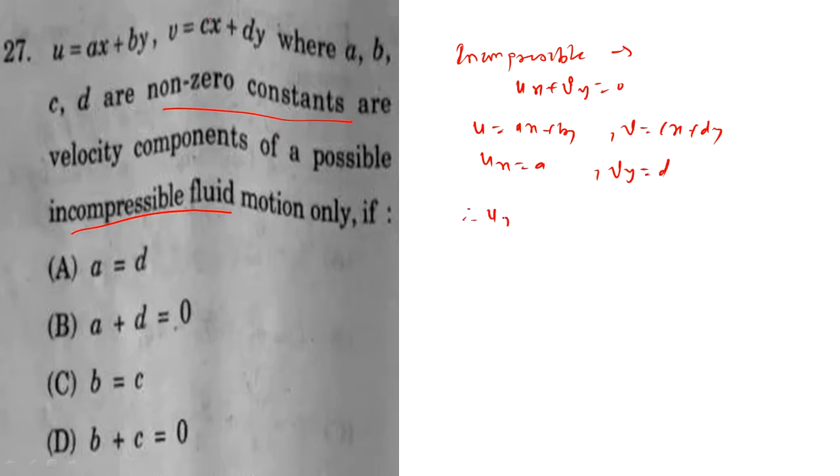If you calculate ux plus vy, you get a plus d. I want this to be incompressible, so I want this to be 0. So a plus d must be 0. This is incompressible only if a plus d equals 0. So the first option, third option and last option are incorrect.